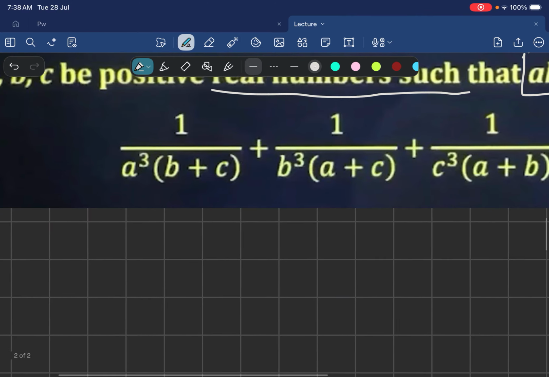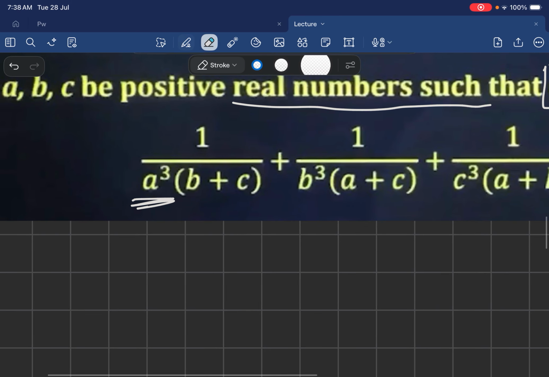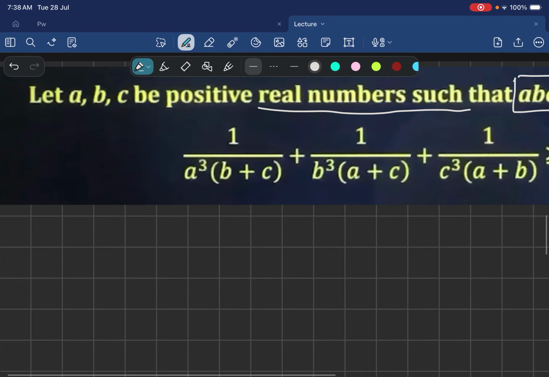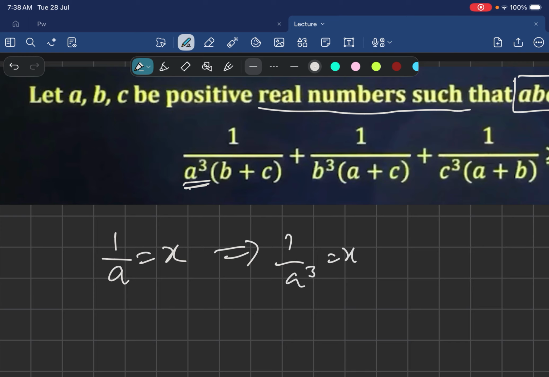So when I look at this equation, I see a cube in the denominator, and that's what we don't like. We don't like big powers in the denominator. We have to change this somehow, because this is going to be a big problem if we carry this cube in the denominator. So the only thing that I could think of right now for changing this is if I let 1 over a be x, then 1 over a cube would be x cube.